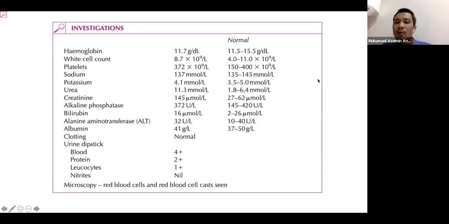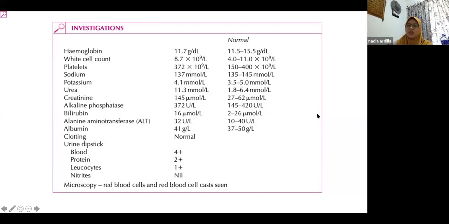Okay, why do you say this is not UTI? Because there is leukocyte in the urine dipstick, even though there is no nitrate. What is the definition of UTI? Shaira, what is the definition of UTI?